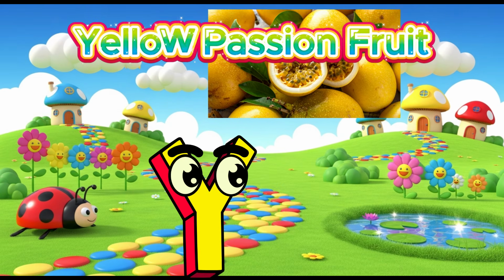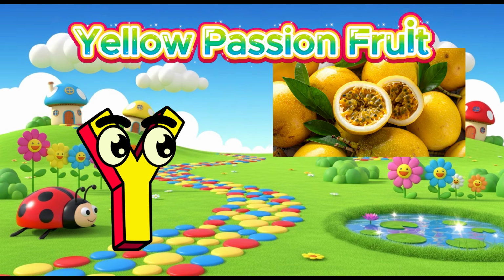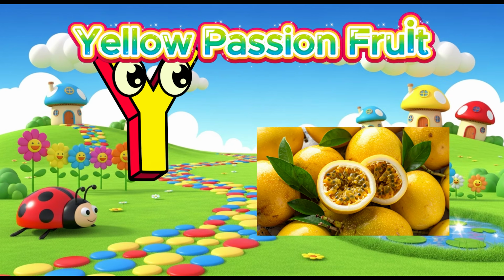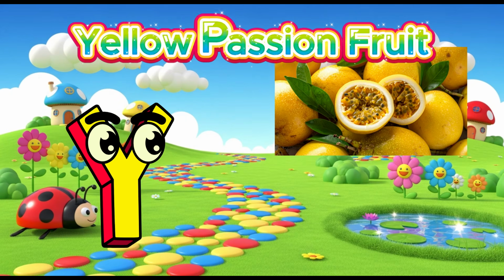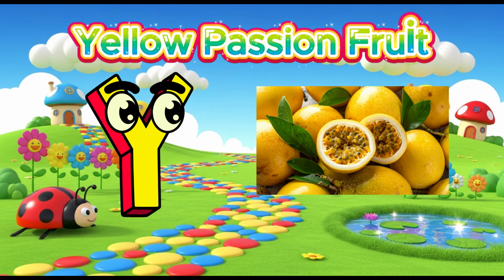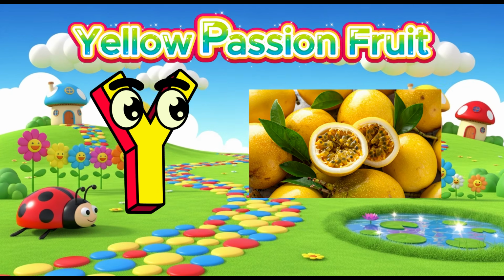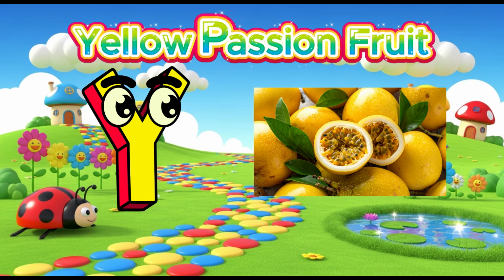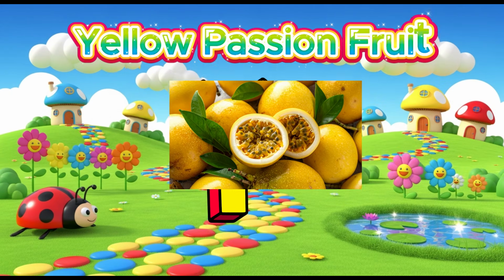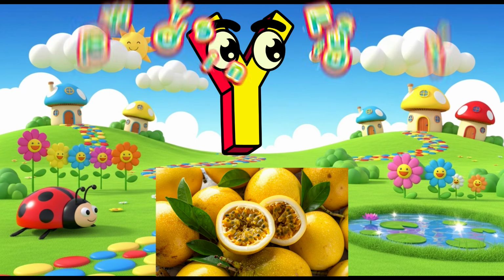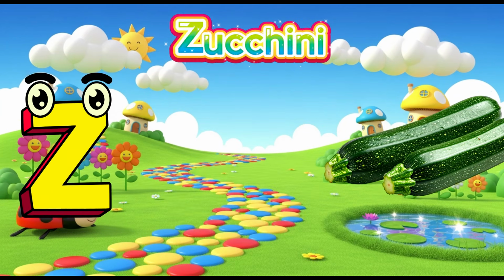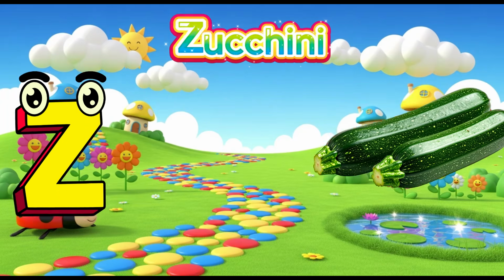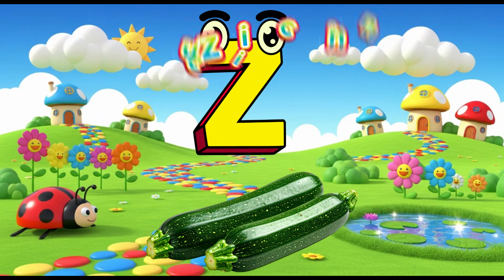Y is for yellow passion fruit. Z is for zucchini.